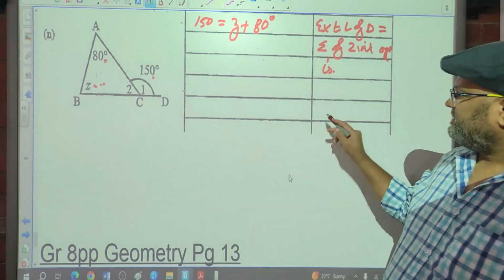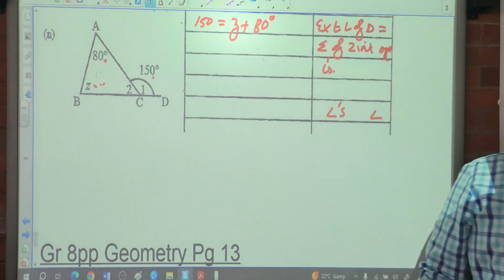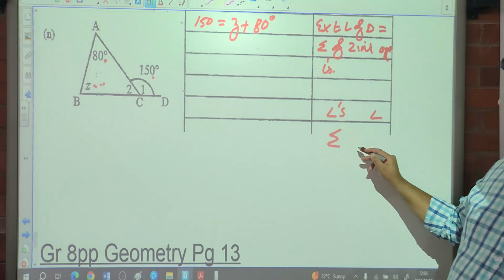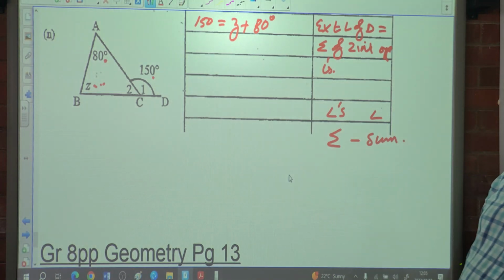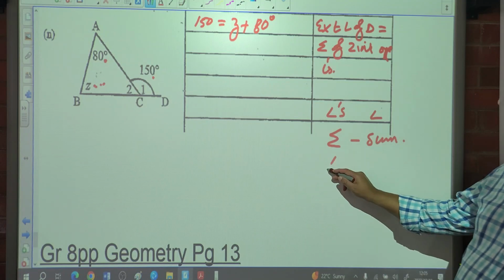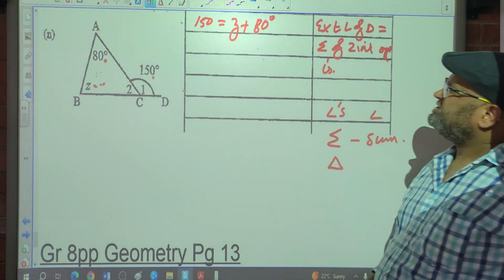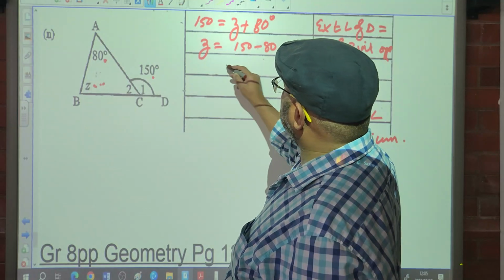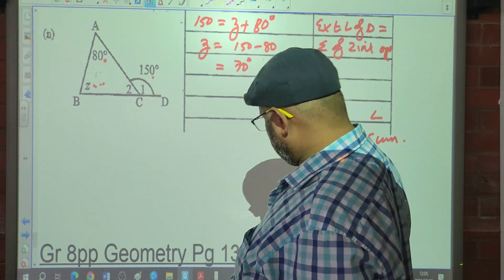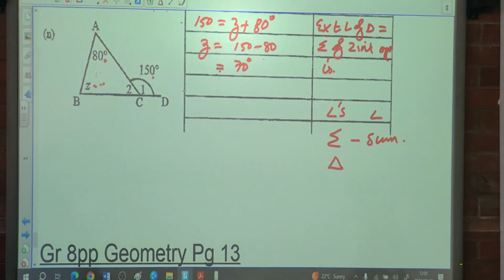That is your symbol for angles, this is sum, this is triangle. So z is equal to 150 minus 80, which is 70 degrees. Is there any confusion?